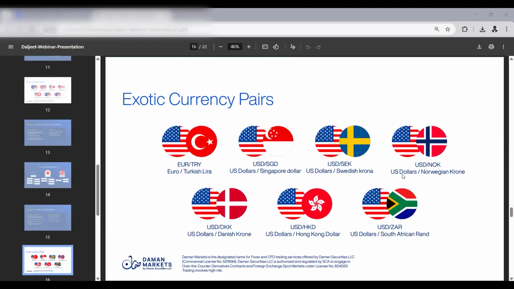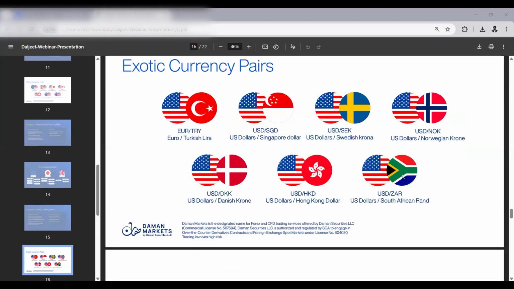You can take examples like Turkish lira with euro, US dollar with Singapore dollar, US dollar with Swedish krona, Hong Kong dollar, South African rand. So these are called emerging currency pairs or exotic currency pairs. The volume in these currency pairs is very limited as of now, but these are developing countries getting into the exotic currency pairs.